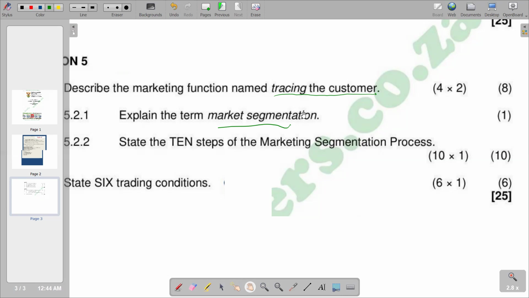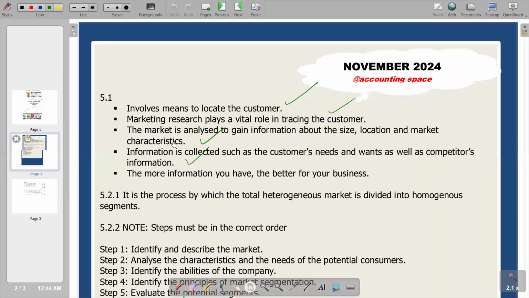So basically, this is what we have on the explanation, but we have a short description in our other section that reads, it is the process by which the total heterogeneous market is divided into homogeneous segments. The totality of the market before it's subdivided into segments will be heterogeneous. It means it will be a mixture of differentiated customers.